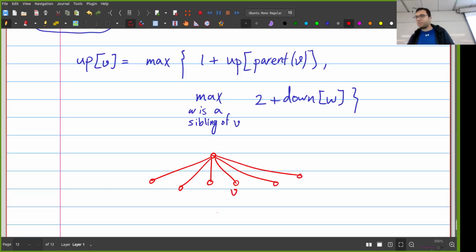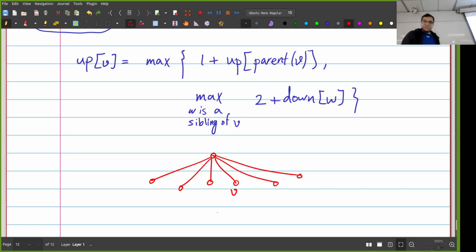And let's say V is one of these children. So if there are any siblings here, this maximum is going to take O(n) time every time. So for each one of these vertices here, I'm going over n-1 siblings, taking the maximum. That's terrible, right? But I could have done a better thing.